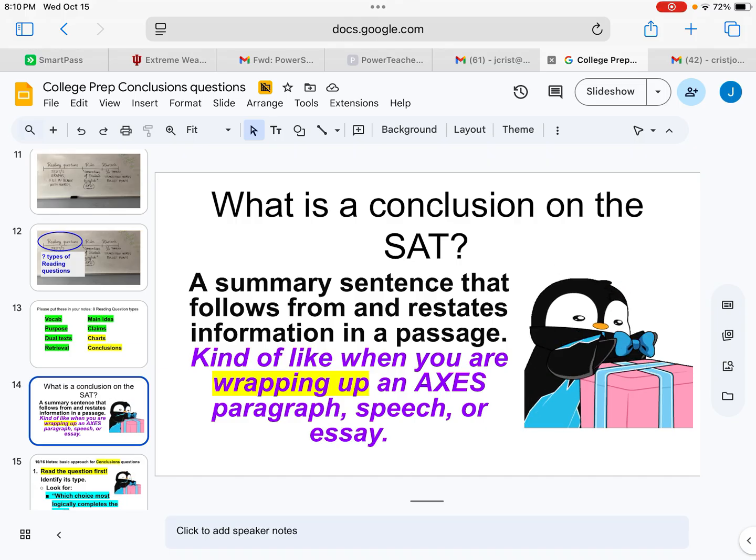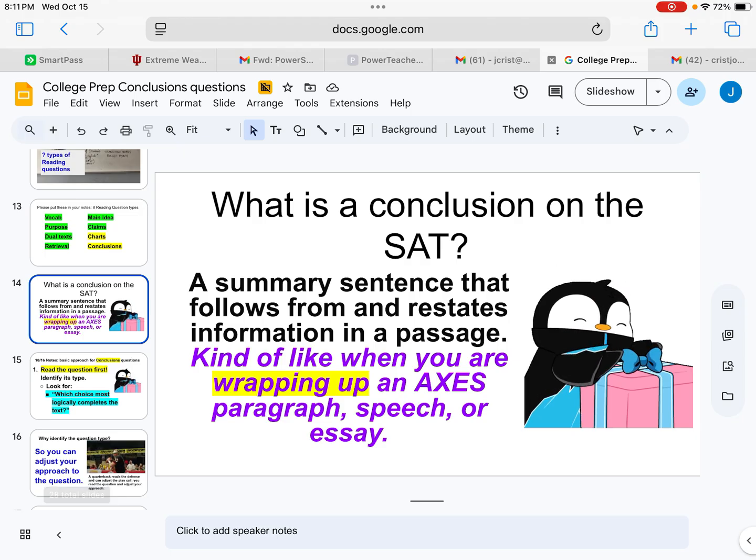You always end that paragraph with a sentence that restates the contents of the paragraph and sort of sums it up, sort of wraps it up. So you can think of a conclusion as kind of like the gift wrapping on a present. It wraps up the basic information that can be drawn out of that paragraph. So that's one way to think about what a conclusion is for the purposes of the SAT.